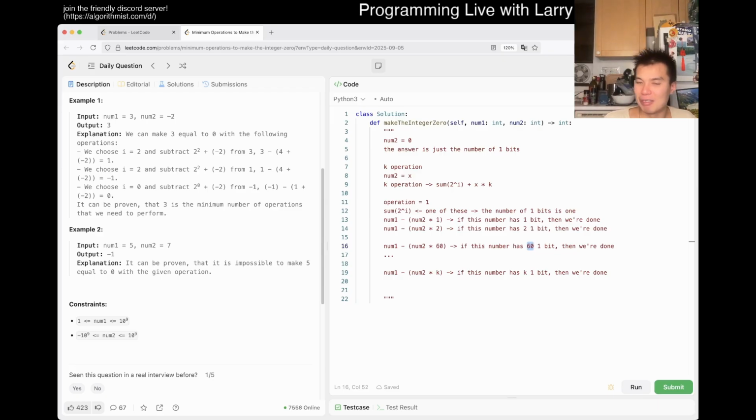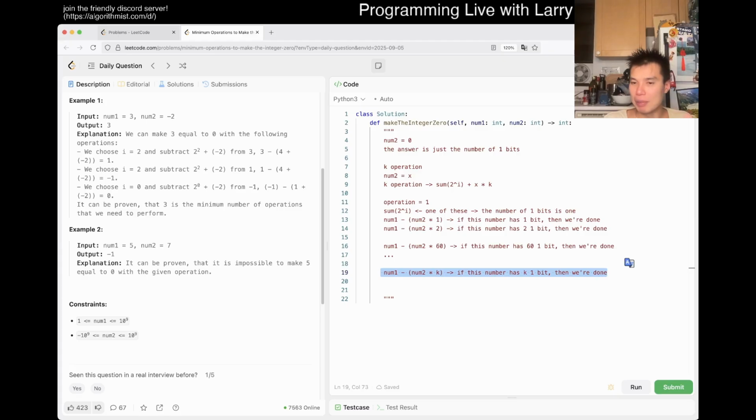Then this is 10 to the 12, and that 10 to the 12 has what, 40 bits, right? If you want to be more exact, you could binary search, but that's not even important. We're just setting an upper bound. So you could say 60, you could say 100, but you're fine, because then you are done. That would be the upper bound.